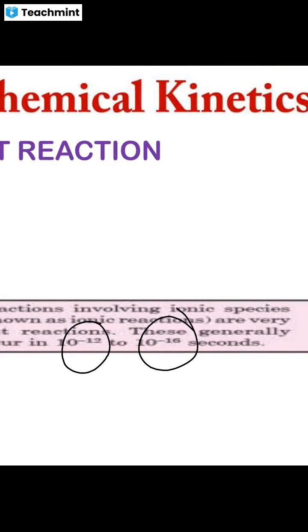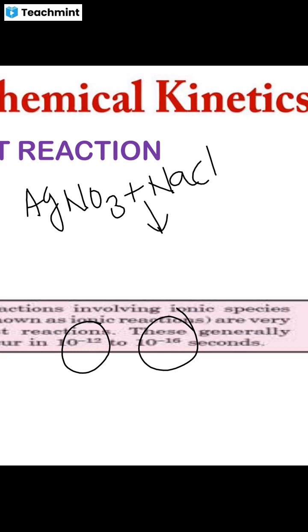For example, all ionic reactions are fast reactions. Look here, this is an ionic reaction: silver nitrate reacts with sodium chloride to form silver chloride as a white precipitate, and sodium nitrate.